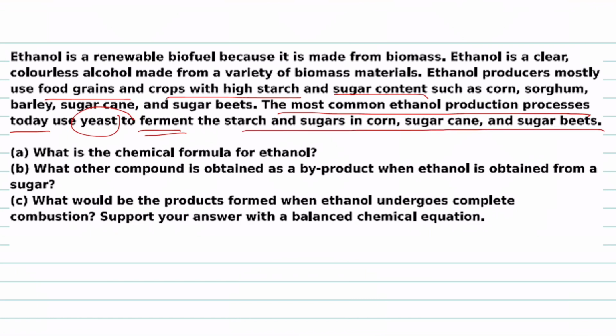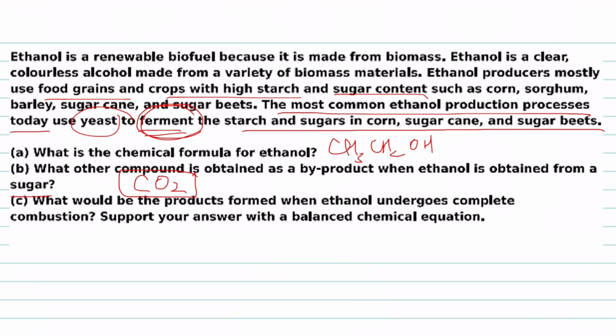What is the chemical formula of ethanol? Very simple. There you go. What other compound is obtained as a byproduct when ethanol is obtained from sugar? Okay, so the procedure that was used was fermentation, and whenever fermentation is carried out, carbon dioxide is released. So that would be the byproduct.